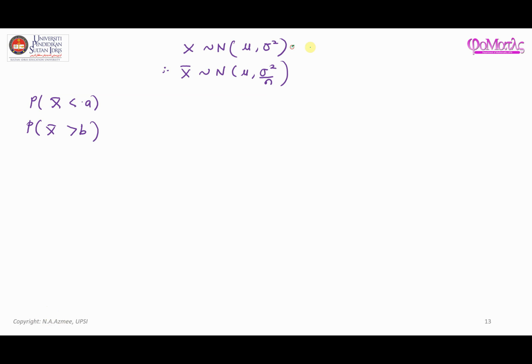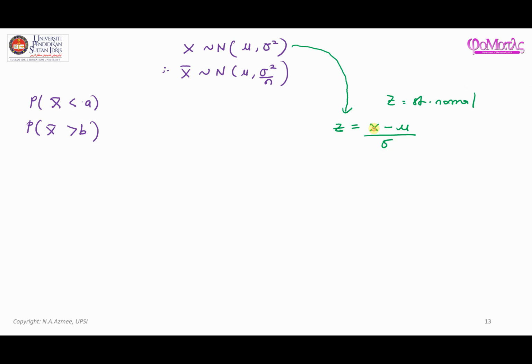For example, x here is a normal random variable. So if you want to convert from x to z, okay, because we need to convert it to a standard normal, z here is the standard normal, in order to easily calculate the probability of it, because we already have the standard normal distribution table, right? So what you have to do is apply this formula. The formula here is x minus mu over sigma.